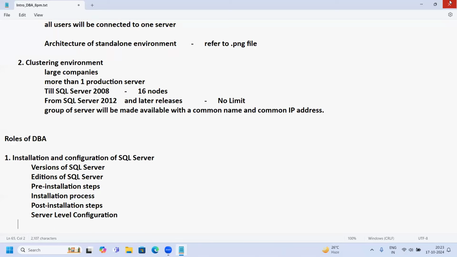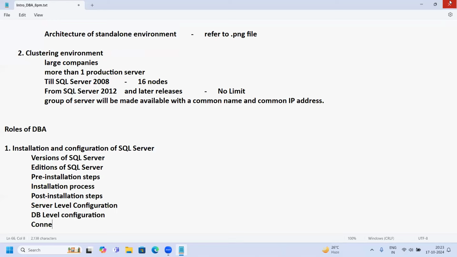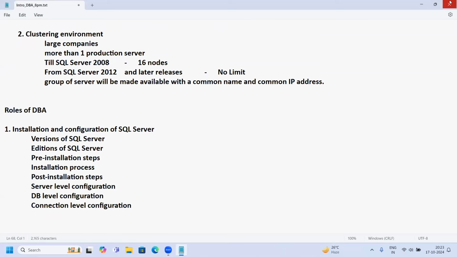Actually, you can call it three levels: server level configuration, DB level configuration, plus connection level configuration. Three levels, all three.